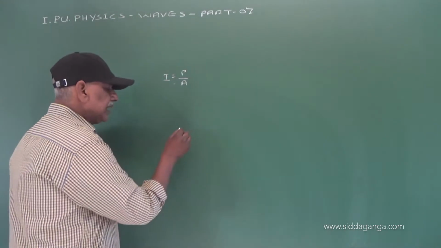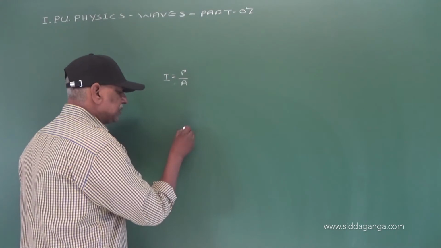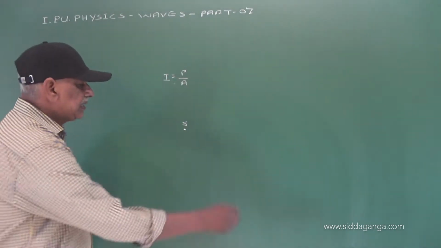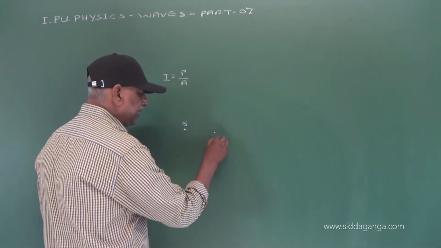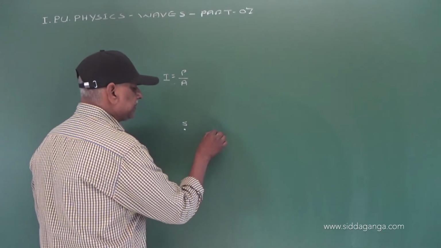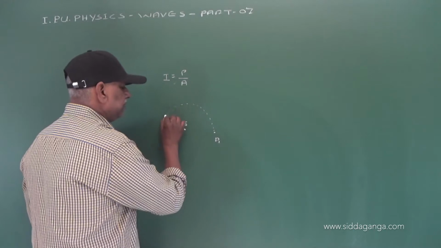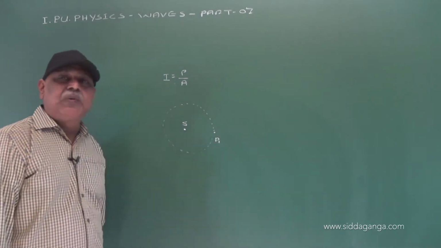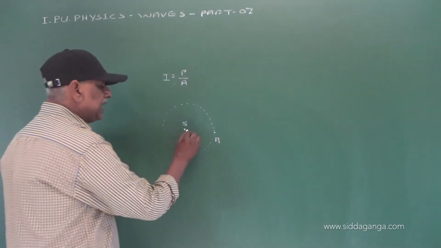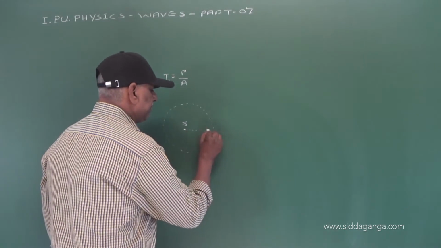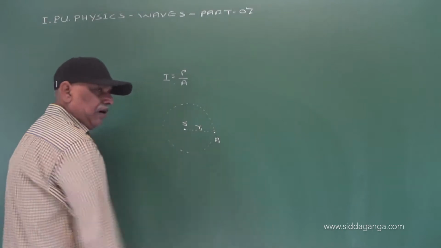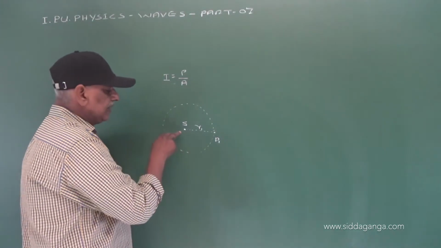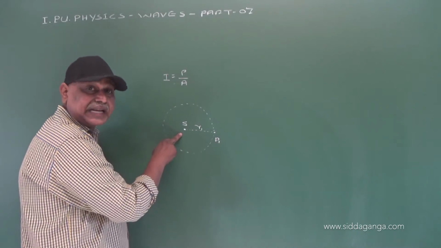Suppose we have a point source, and there is a person at a distance R1. Now the sound spreads over the entire area of a spherical surface of radius R1 with the source as center.